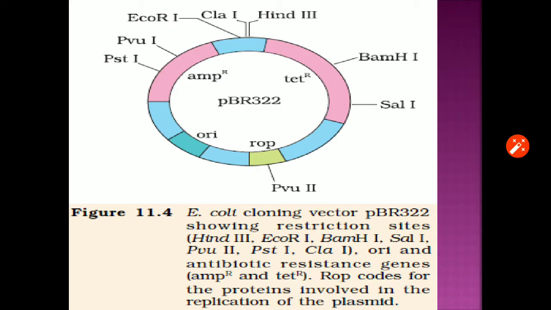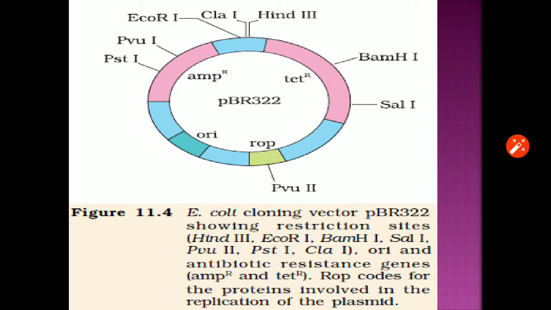Now there is an image which is showing the plasmid of E. coli, which is used as a vector, and the name is pBR322. Here you are able to see towards the outer skirts, that means on the outer side, all the labels are showing the restriction sites. The names are given of restriction enzymes which will work at a particular site. So the name of the restriction enzyme and the restriction site will be the same.